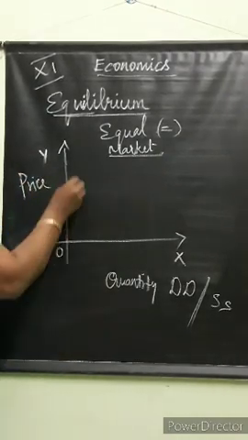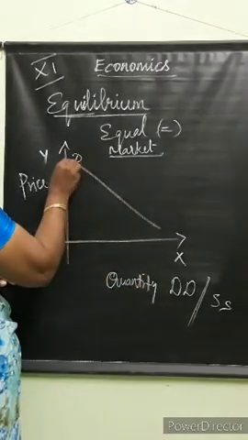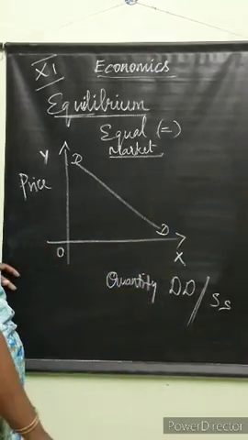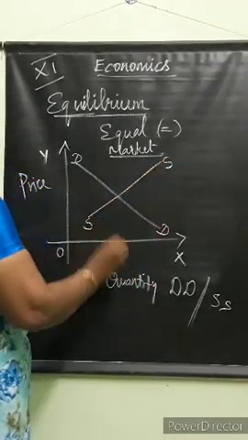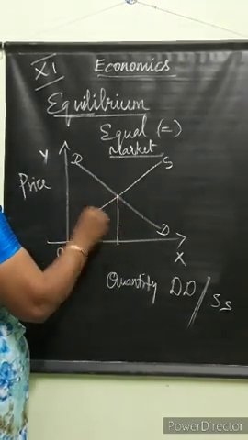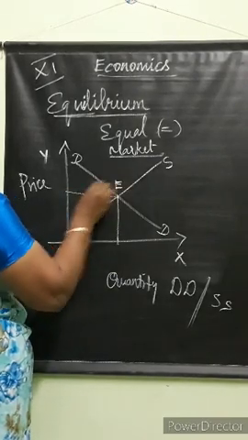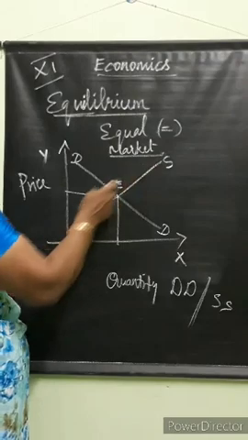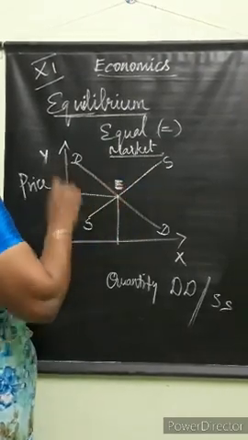Usually the demand curve slopes downwards. Supply curve always goes upwards. So where the demand curve and the supply curve meet is called equilibrium. So the price is fixed where demand and supply meet at a point. This is called equilibrium.